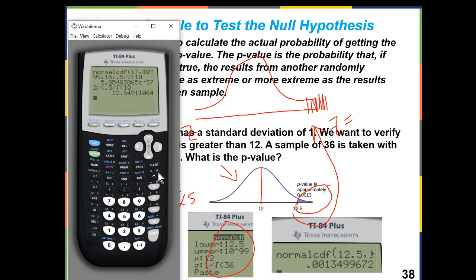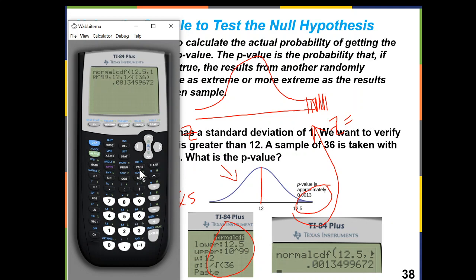If you take the normal distribution CDF and take the area to the right of 12.5, comma 10 to 99, and then the mean of 12 and a standard deviation of 1 divided by the square root of 36, you would get 0.00134, which is the one I just have here.